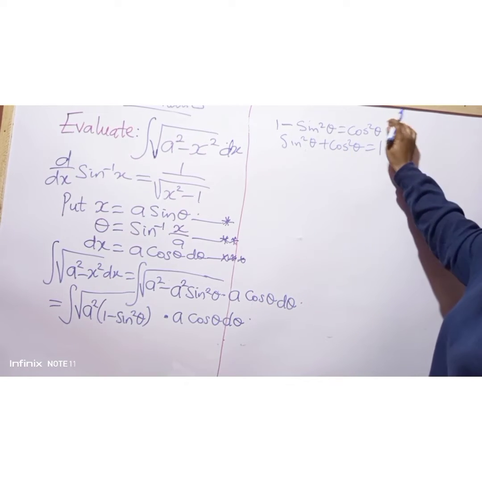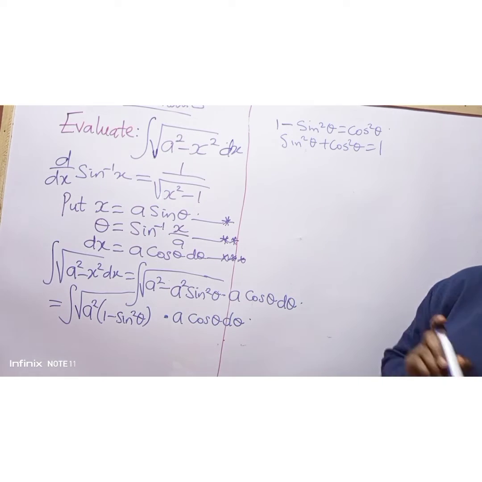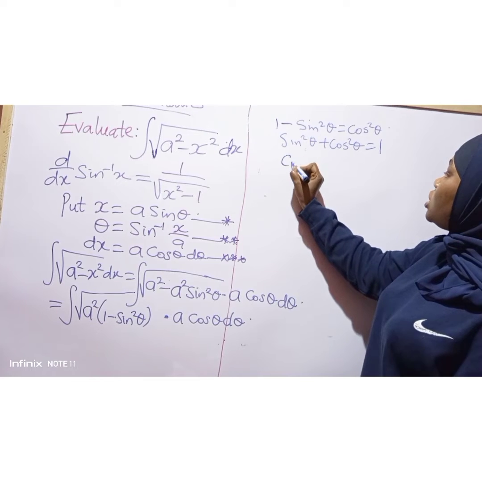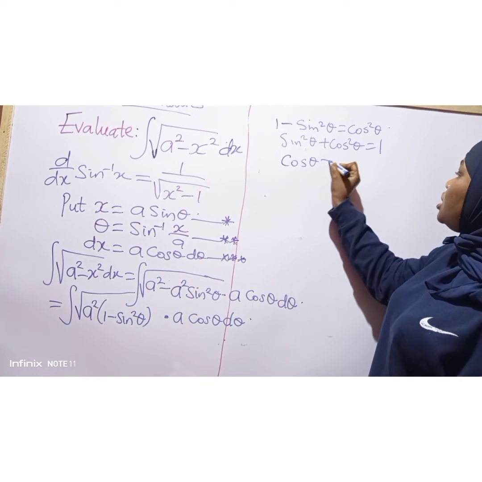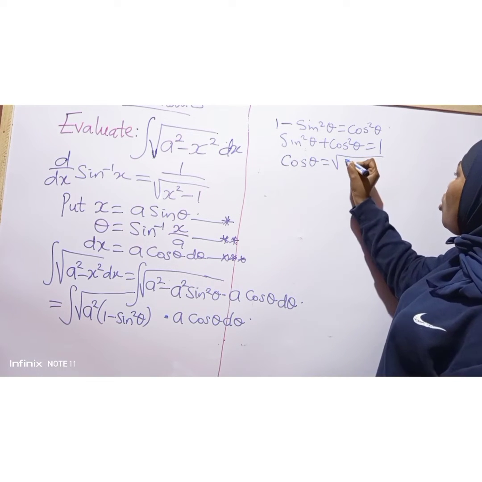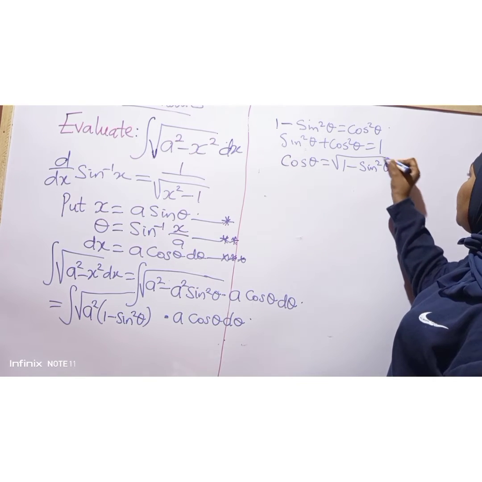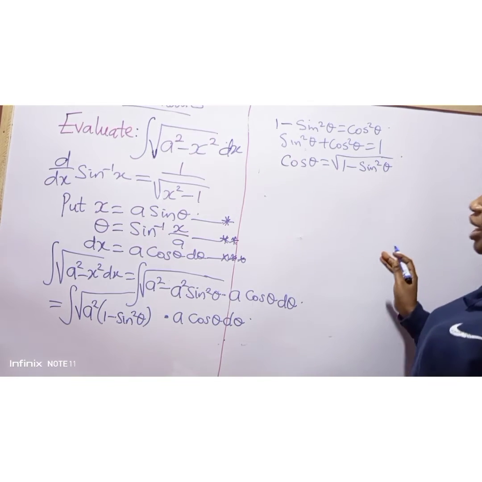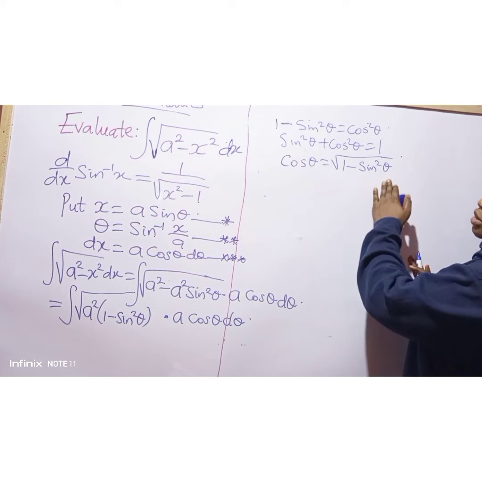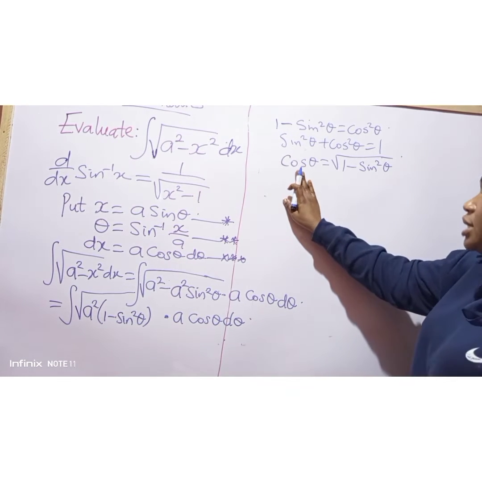So from here, cos theta is the same thing as the square root of 1 minus sine squared theta. So anywhere I see the square root of 1 minus sine squared theta, I'm going to put cos theta there.